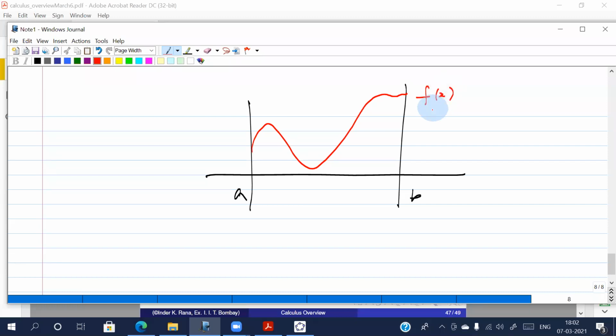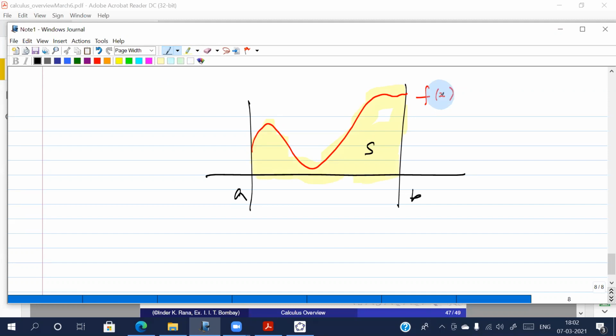What we want to do is capture this area and find an expression for it. Let us call it S. Obviously, we have no method of where to start.